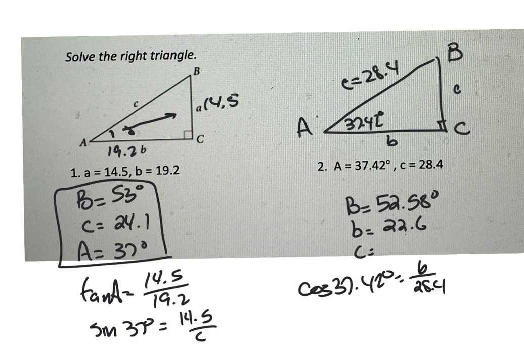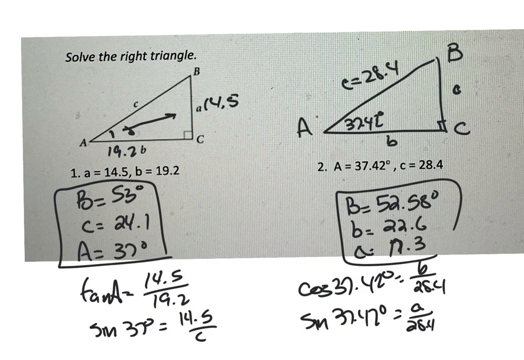And then I need little a, sorry about that. To find a, I'm going to do sine because it's opposite. So sine of 37.42 is a over 28.4. So again, multiply 28.4 times sine 37.42. I'm looking at 17.3. That's a 17. Sorry about the handwriting there.